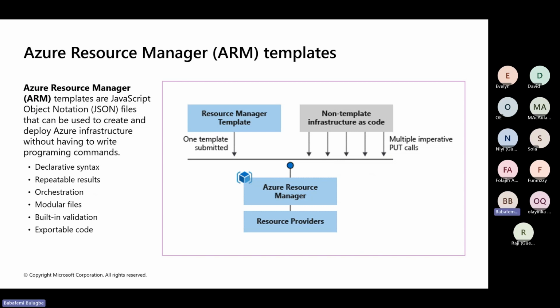But when you use an ARM template or any infrastructure as code tool, you have that consistency, in the sense that you have in there what you've used the last time. It gives room for repetition, so you get repeatable resources.